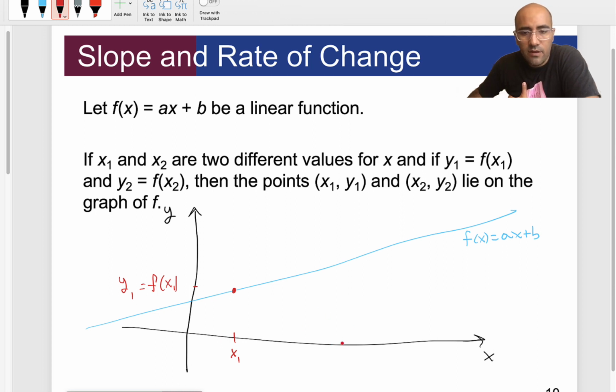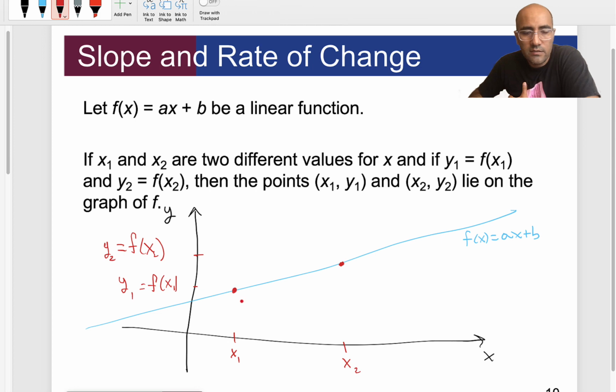And then if there's some other random point over here, x sub 2, which is another instance of an x value, it comes up and maps to this line, which comes across and maps to this line, which we're calling y sub 2, which is the same thing as f of x sub 2. Good.